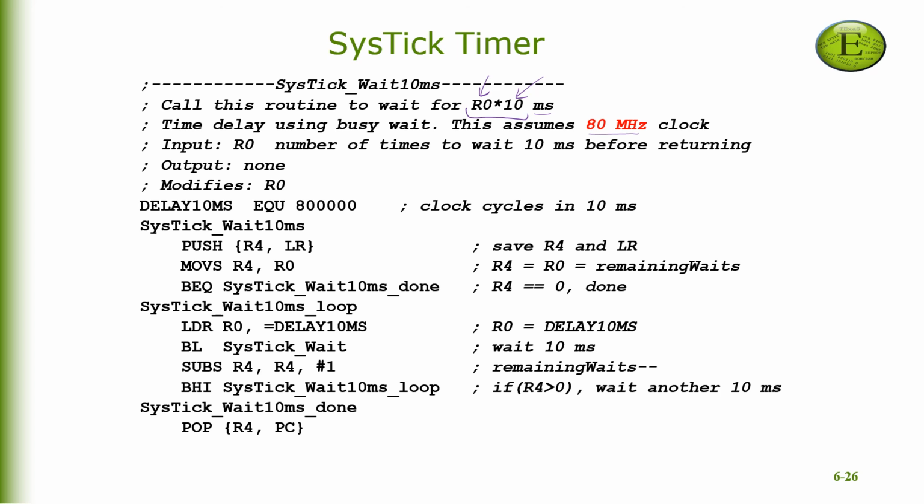Now our main objective of implementing this routine is to utilize the one that we have already written, that was the SysTick wait routine. And remember, the SysTick wait routine introduced a delay corresponding to R0 number of clock cycles or ticks.